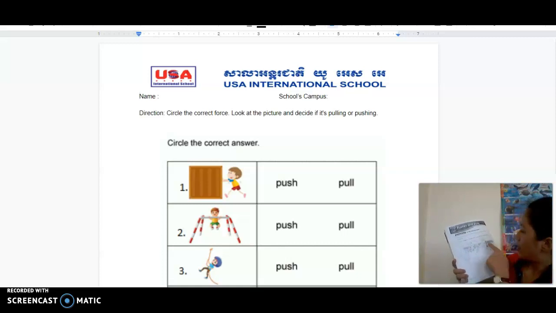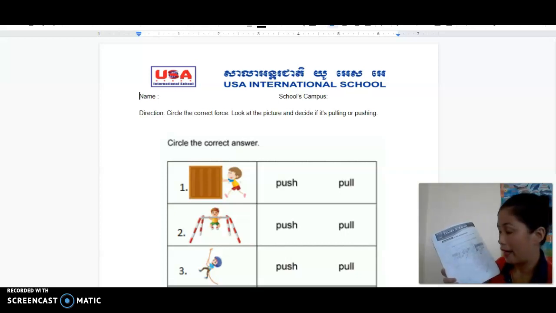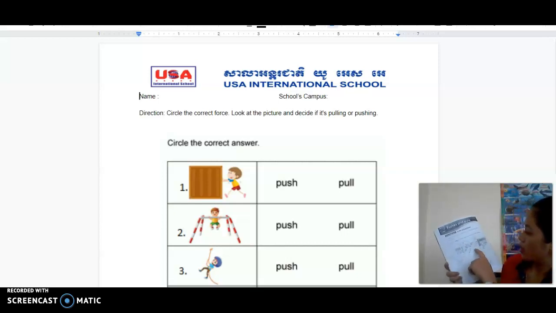And here, there's a boy sliding, and then there are some eating. So again, movement, move from one place to another. Sometimes when we eat, it's like movement, only some parts of your body, but not all of your body, right?